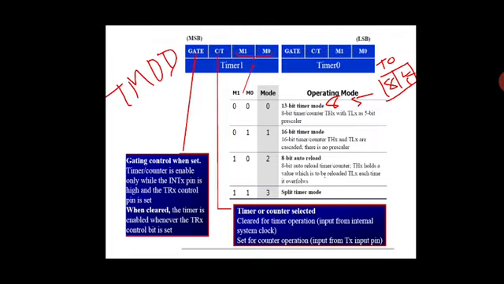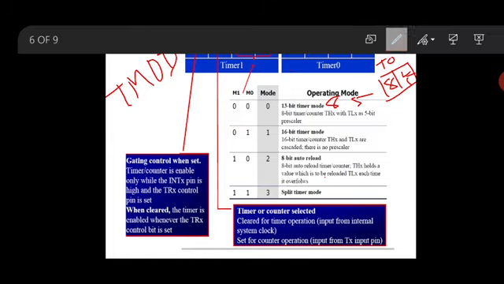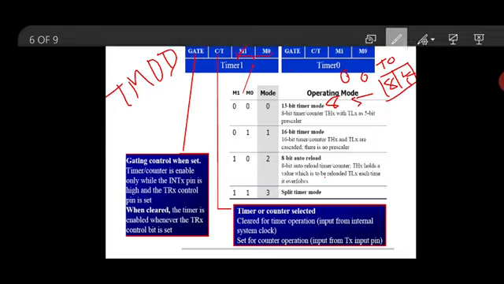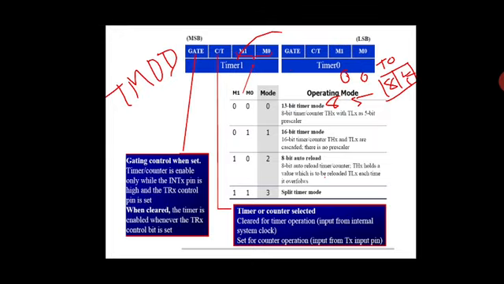Simply say, if this is 0 0 0 0, then 0 0 is for which timer? Timer 0. Timer 0 with M1 M0 as 0 0 is operating in which mode?